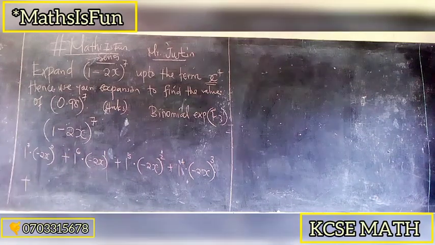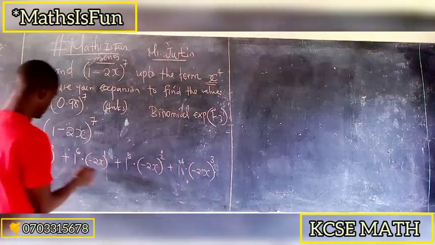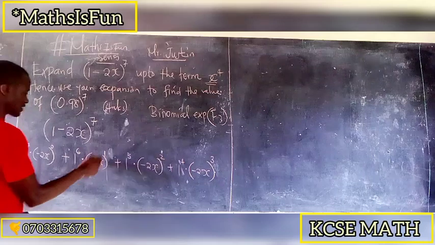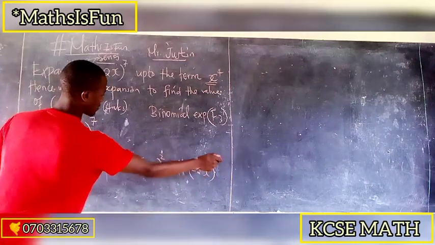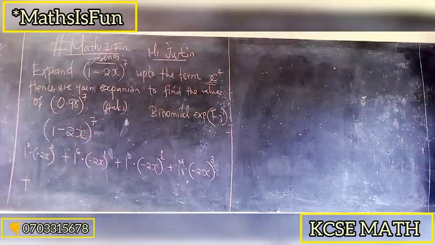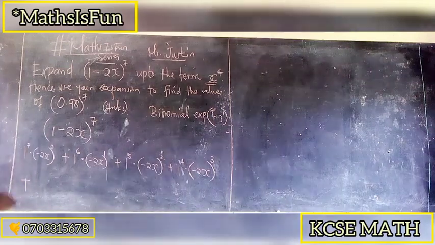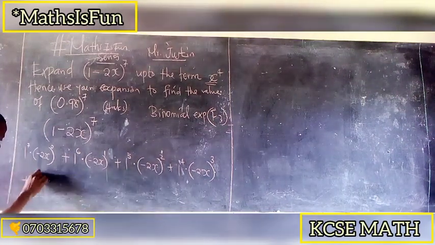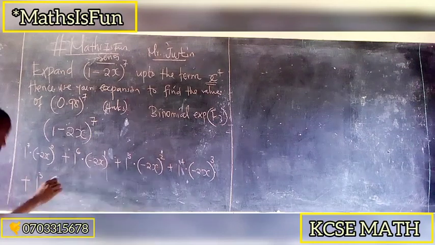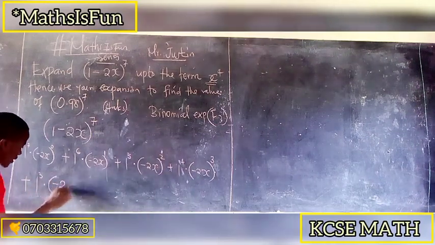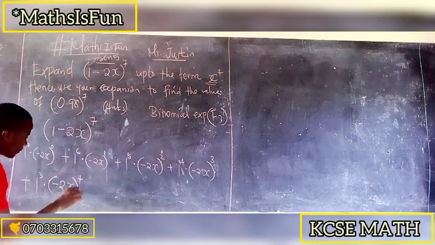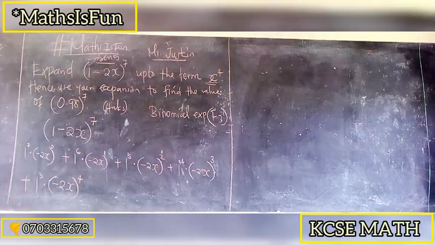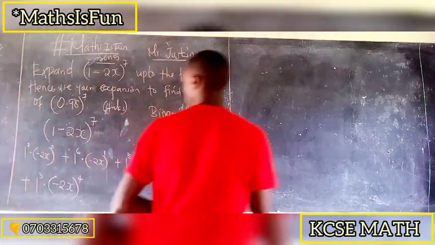This will be x power 0, x power 1, x power 2, x power 3. Definitely this one will be our last required term, containing x power 4. So it will be 1 power 3 multiplied by negative 2x power 4.